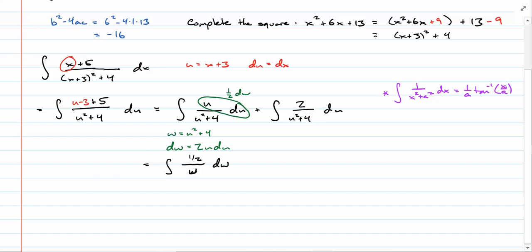In this case, the a would be 2, because a squared is 4. So really the 2 on top, I could factor that out. And then for the rest of it, I'm going to use that inverse tangent formula. So we're going to get a 1 over 2 inverse tangent of x over 2. I'm sorry, u over 2.